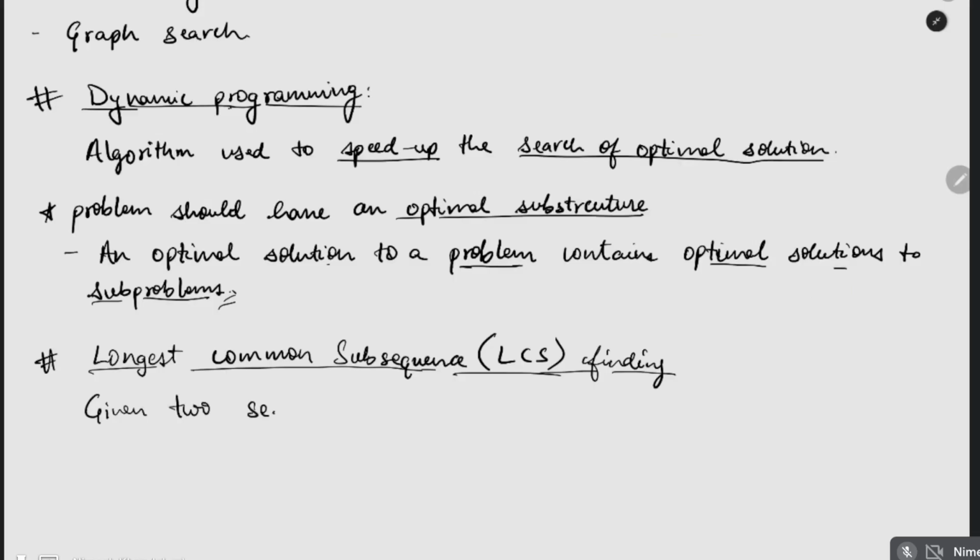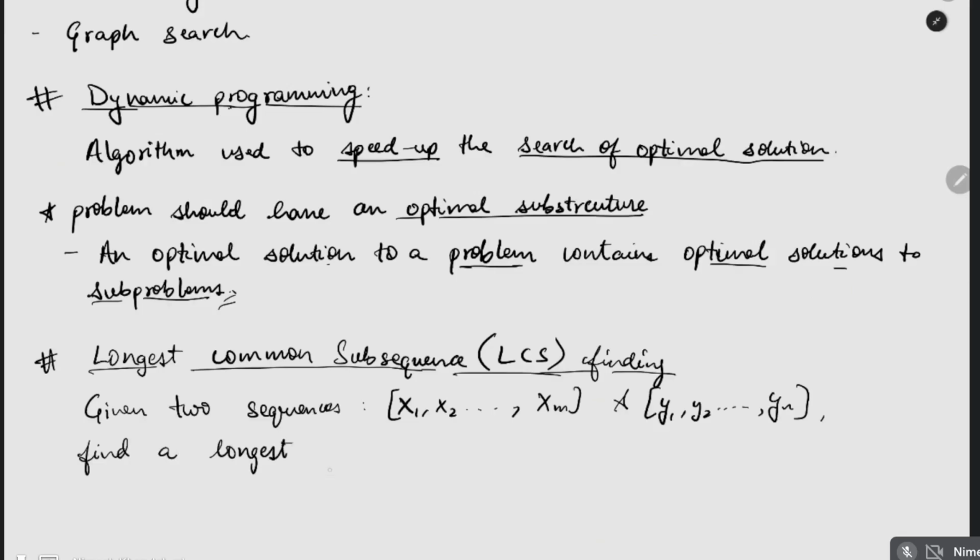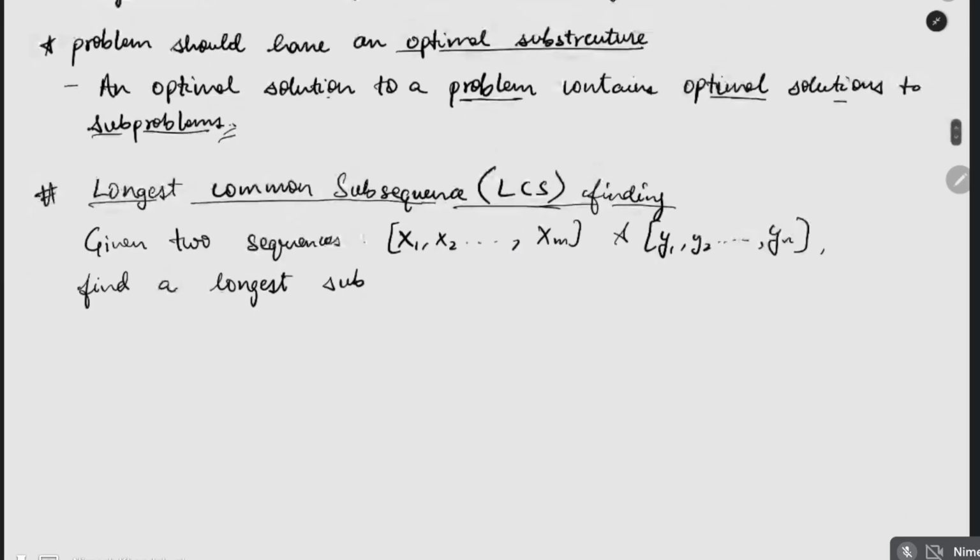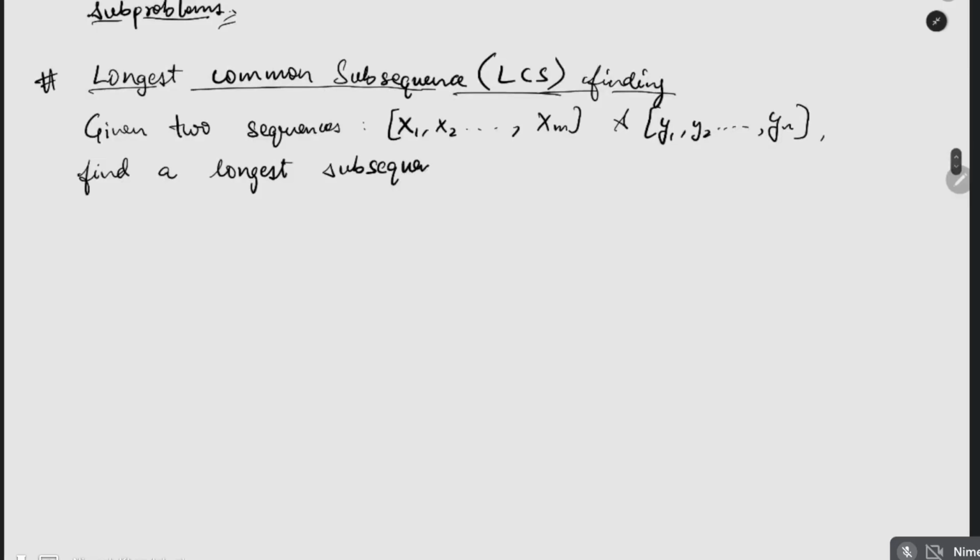Given two sequences, x1, x2 to xm, and y1, y2 to yn, basically of different sizes, find a longest subsequence that is common to both the sequences.